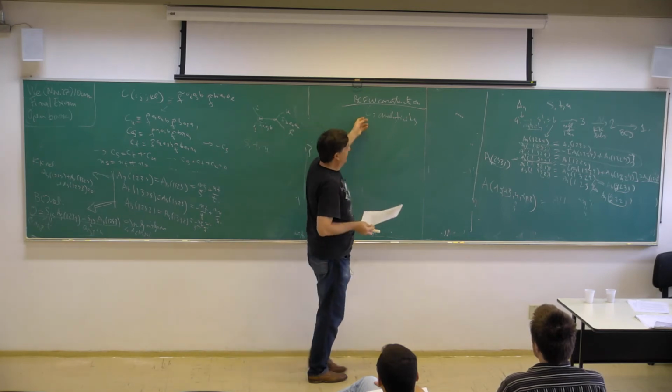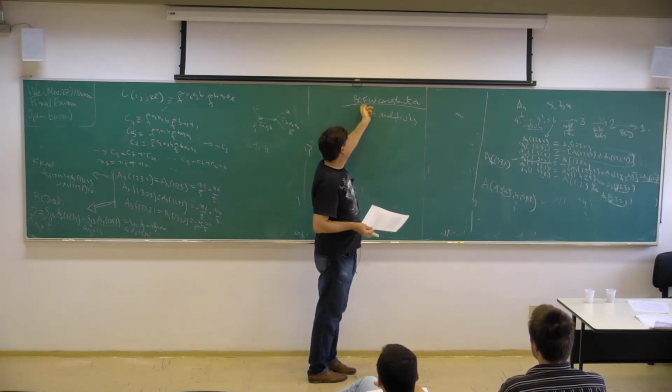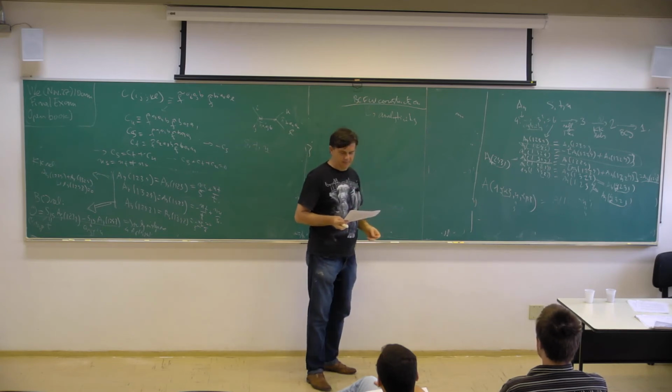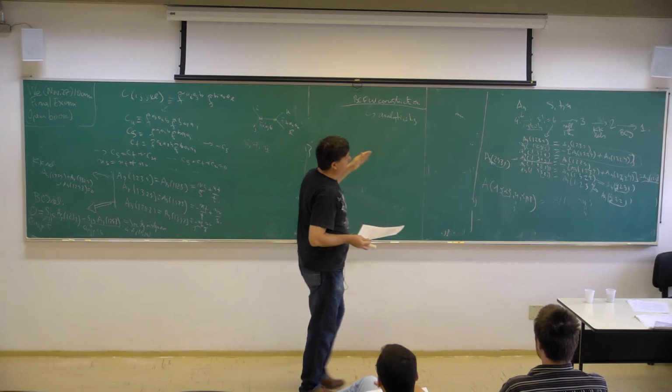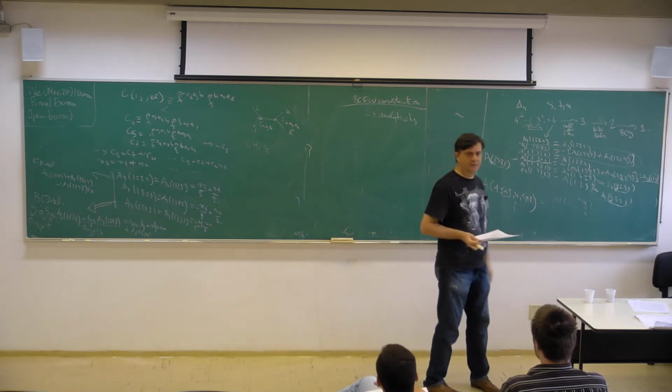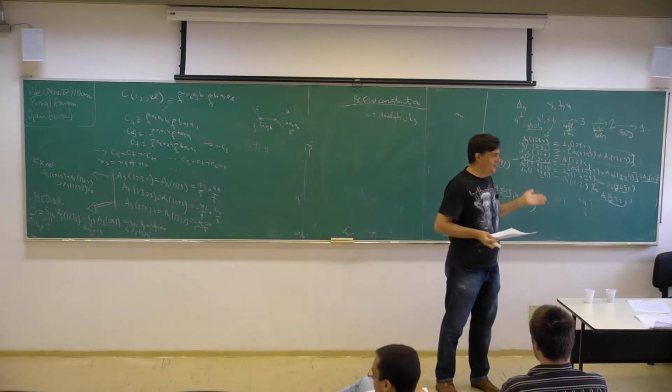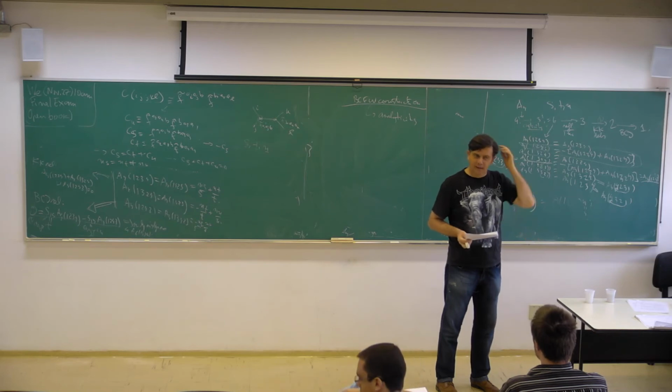Now, why didn't people do this before? Why did it take these 4 smart people to figure this out? Well, because in general, an n-point amplitude is a function of n momenta.